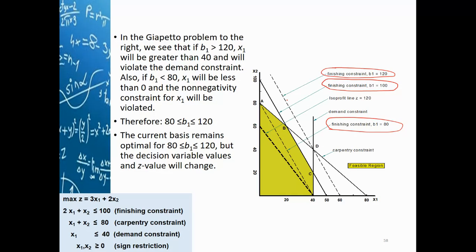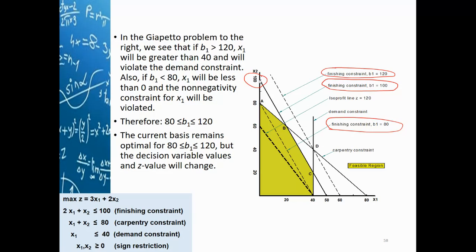Look at my first point there. Remember, b is your right hand side value, meaning that in the original constraint line, you have b equal to 100 here. This is your original value.